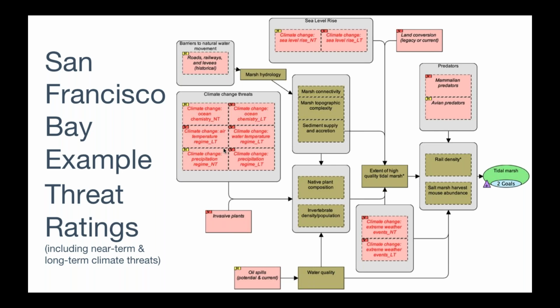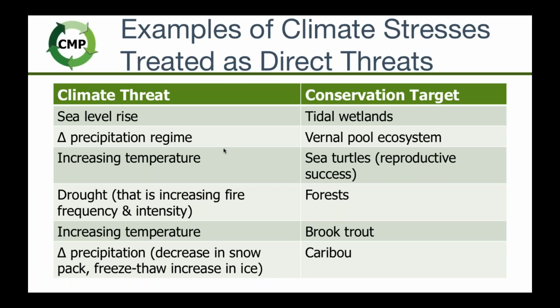Okay, so that's all I'm going to say. Oh, actually, sorry, one more slide. But I don't have much more to say about simple threat rating. Then I'm going to talk about stress-based threat rating briefly.